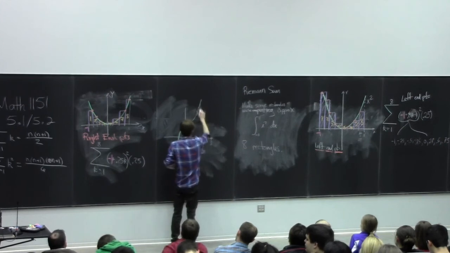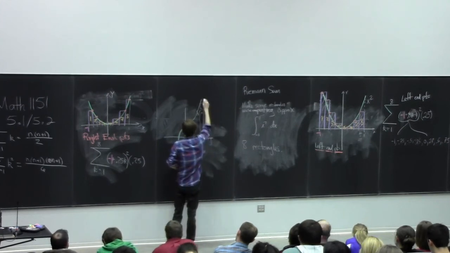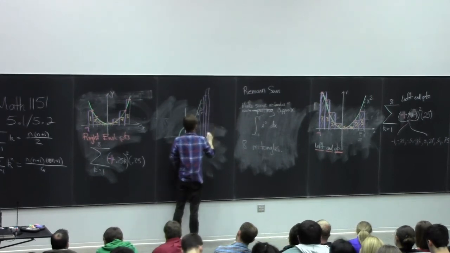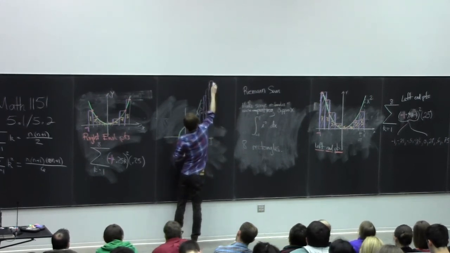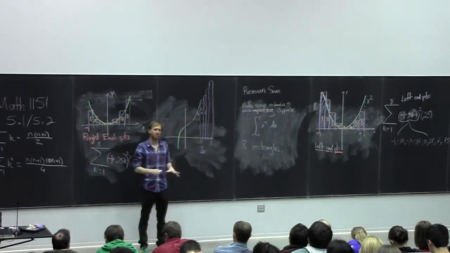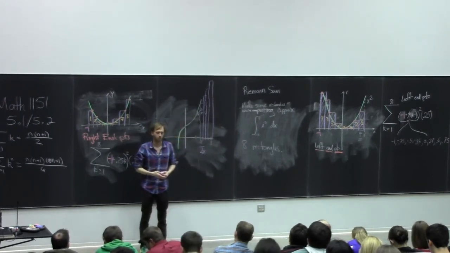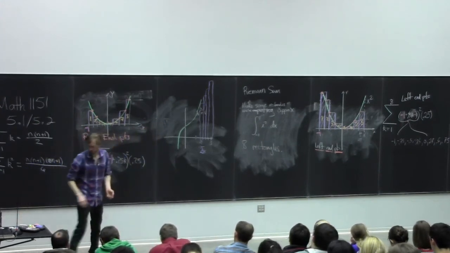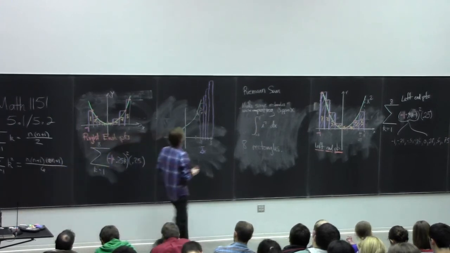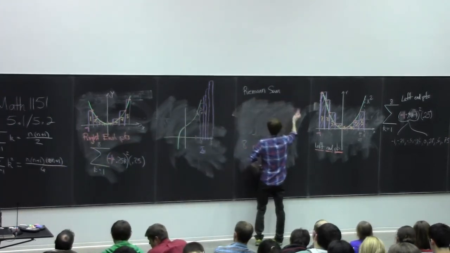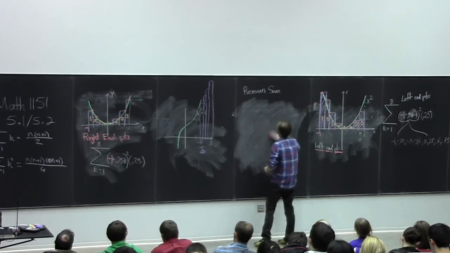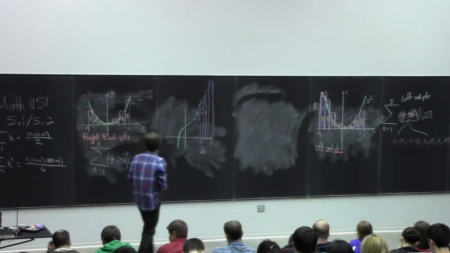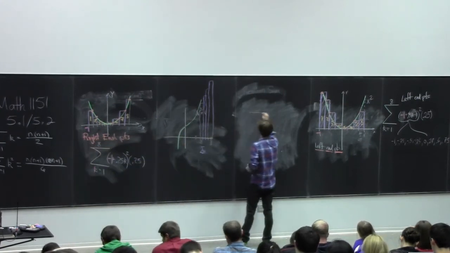If we have left endpoints, it's going to look like this, isn't it? And are the rectangles going to be above or below the curve? Below the curve here. So now, you have your sum.